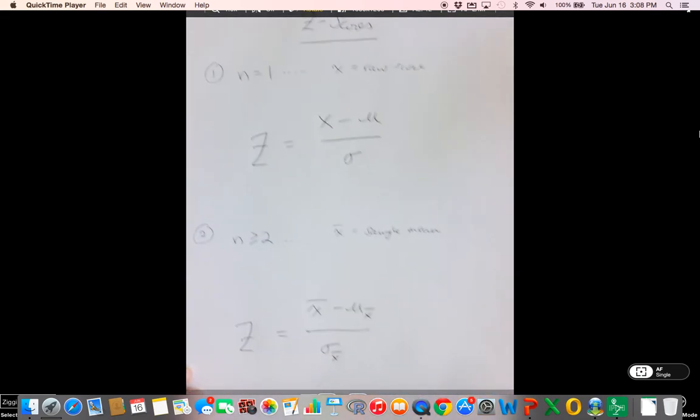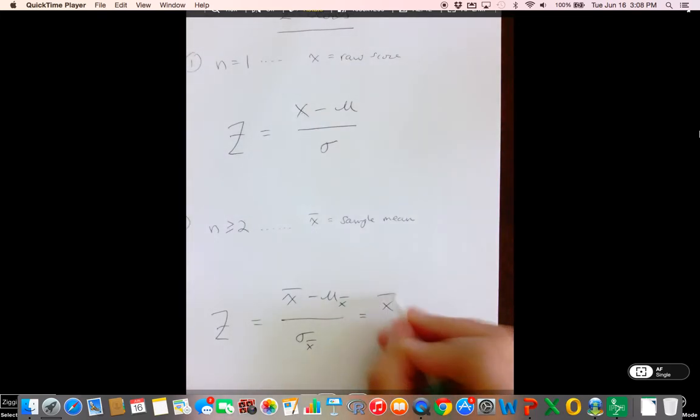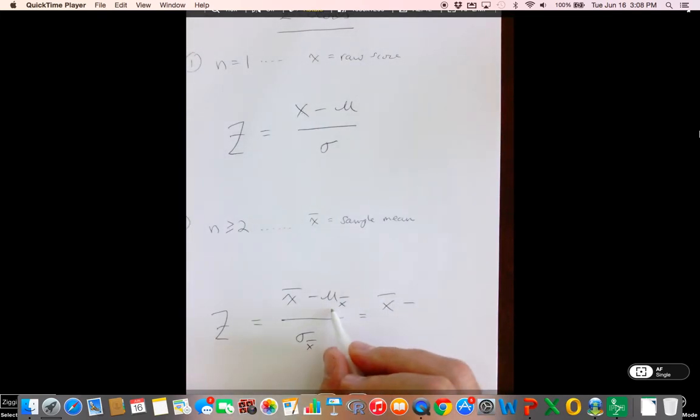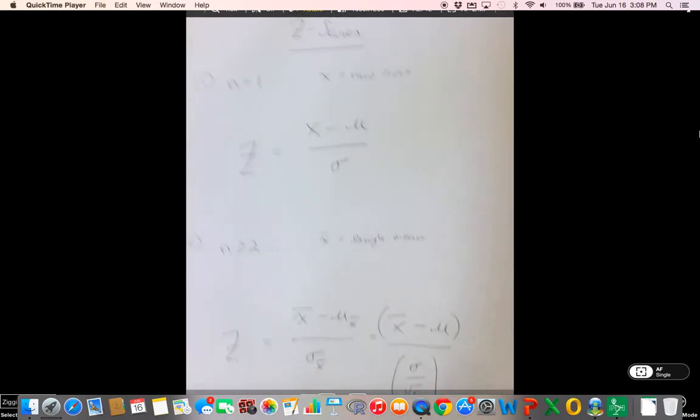Sigma sub x bar. Guys, central limit theorem tells us that mu sub x bar is exactly mu, and sigma sub x bar is sigma divided by the square root of n. I'm going to put parentheses around that because that sometimes turns out to be an issue with students.